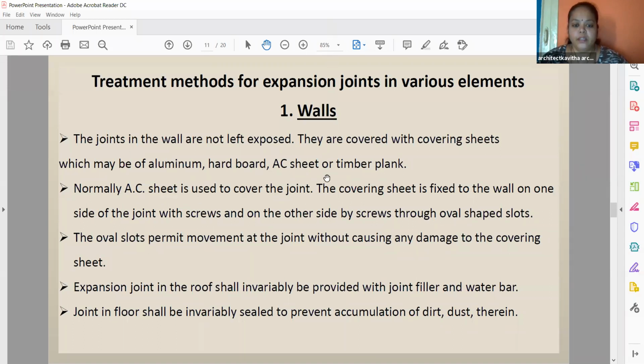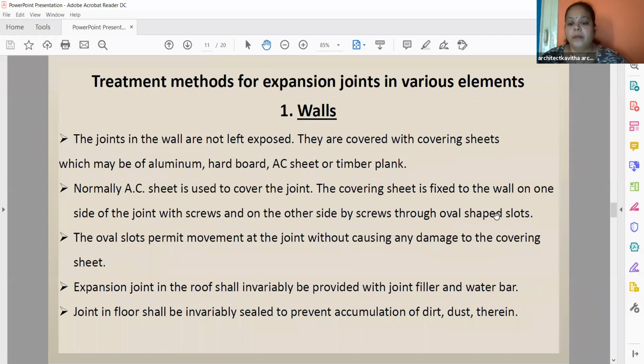So when you have expansion joints in the walls, AC sheets are used or even aluminium composite panel sheets are also used. The covering sheet is fixed to the wall on one side of the joint with screws and on the other side by screws through oval shaped slots. So why oval shape? One side it will be with normal screws.